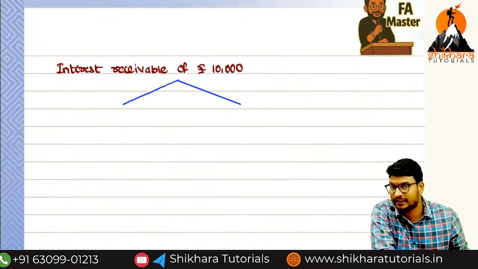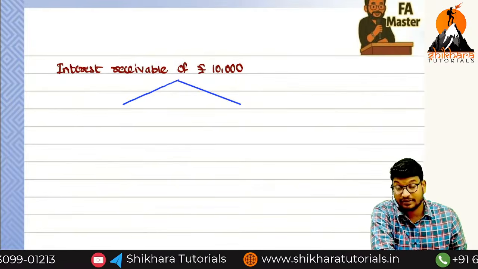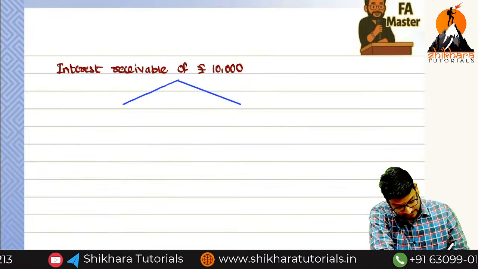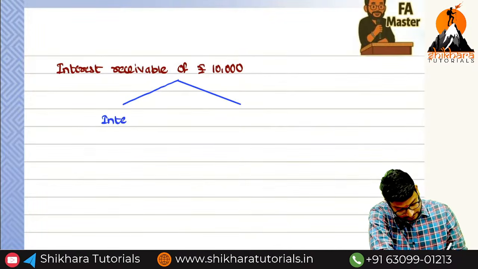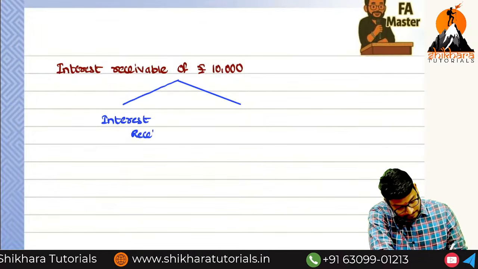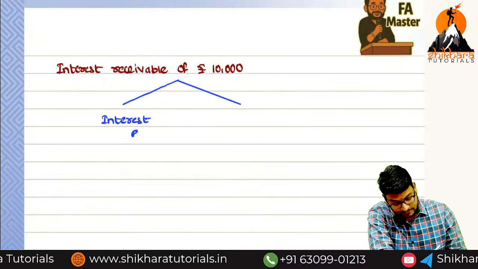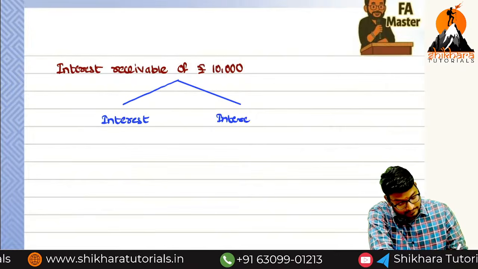if we received, it means interest received and cash account. But have we received or not received? We have not received. So that is the reason we can write here, interest, and the other point is interest receivable.